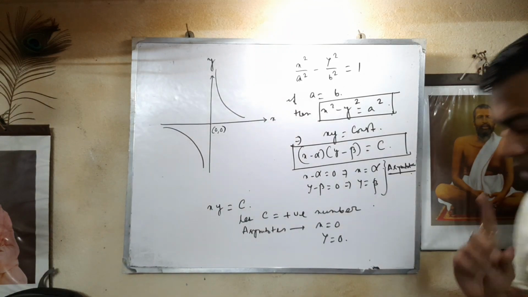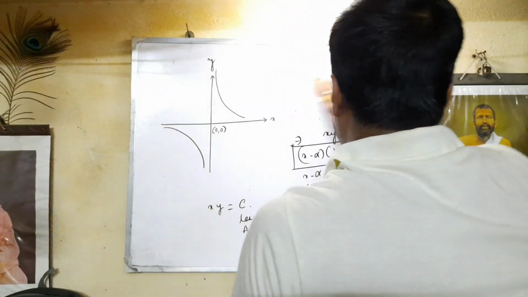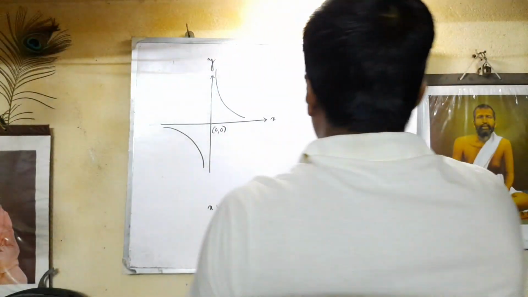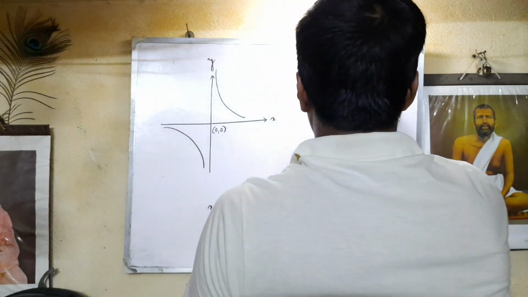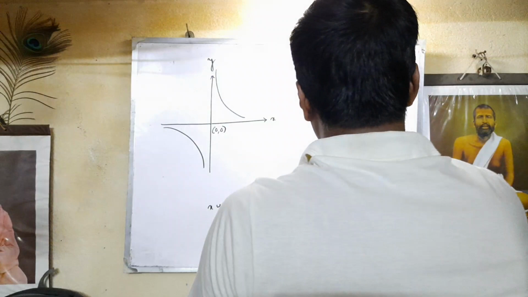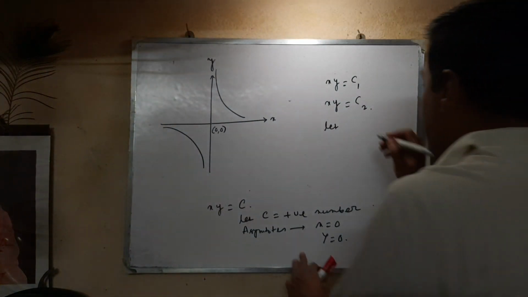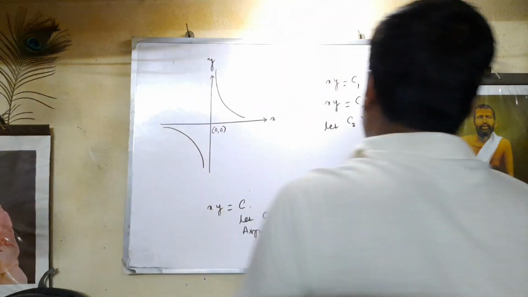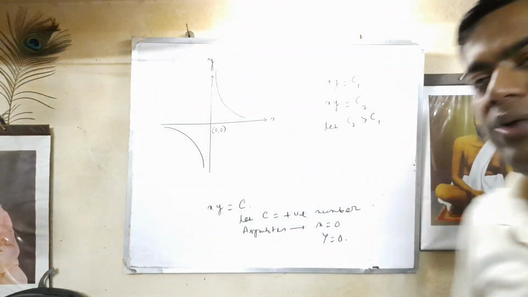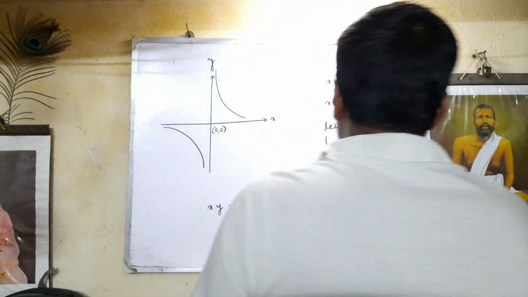Okay. Now let us deal with especially two types of rectangular hyperbolas. One is given xy equal to c1, another is given xy equal to c2. Let both c1 and c2 be positive and c2 greater than c1. Then how will it look like?